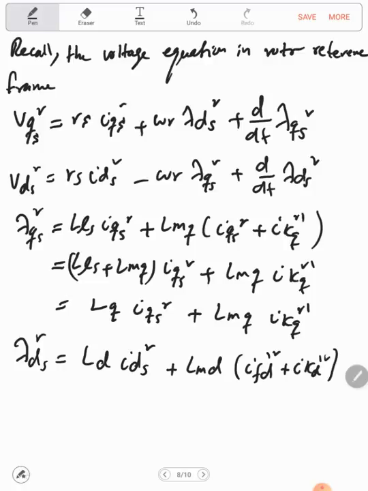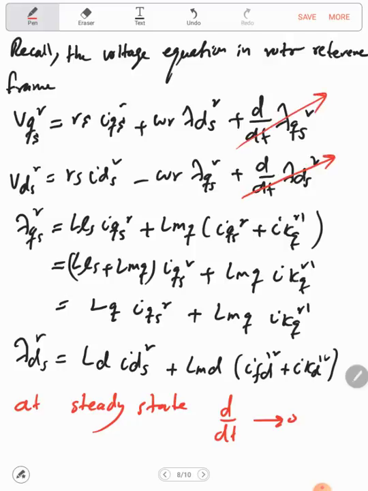Now at this state, we know that all the quantities are constant, so this simply means that d by dt of a constant value will go to 0. So at this state this term will go to 0, this term will go to 0, and we'll use capital letters to represent all the variables here, and the damper winding current will go to 0.